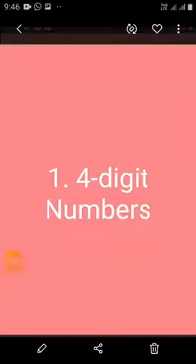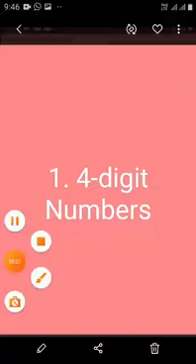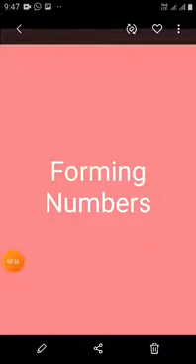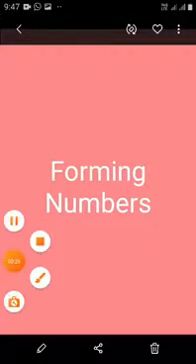Today our first topic is four-digit numbers. In the previous class, you learned ordering numbers in ascending or descending order. Now, in this class, you will learn forming numbers. It is great fun to form numbers according to certain given conditions.